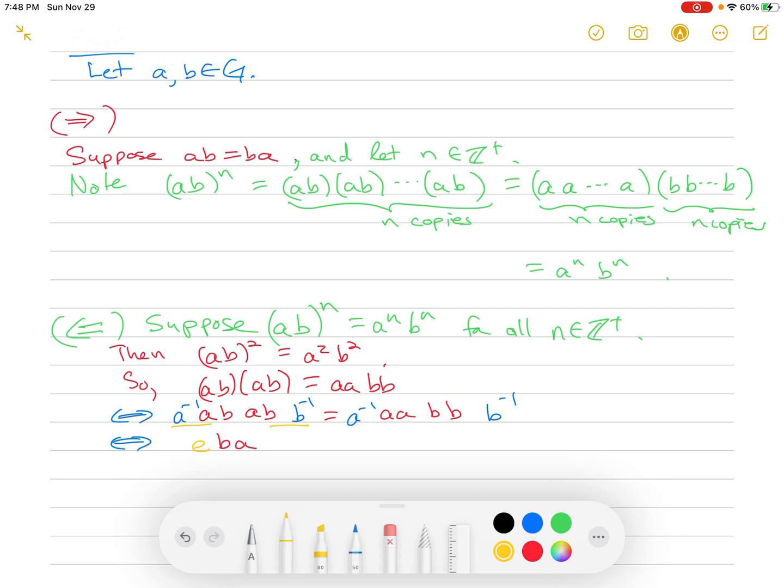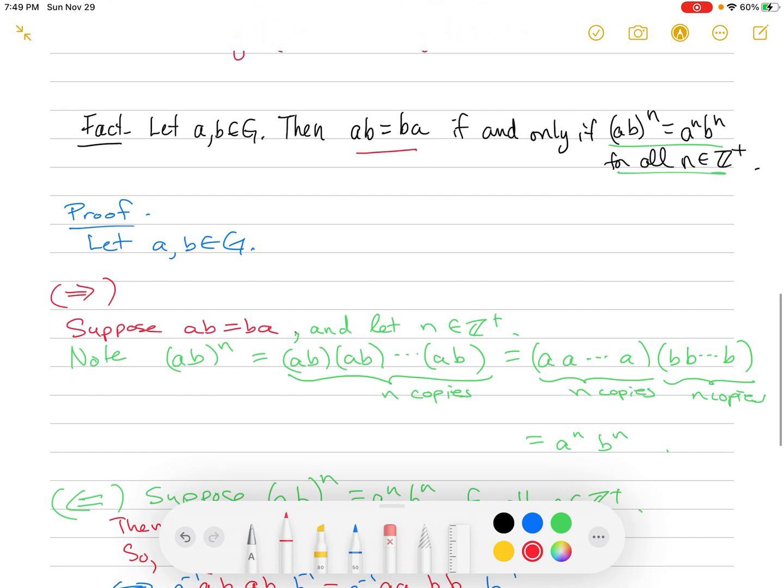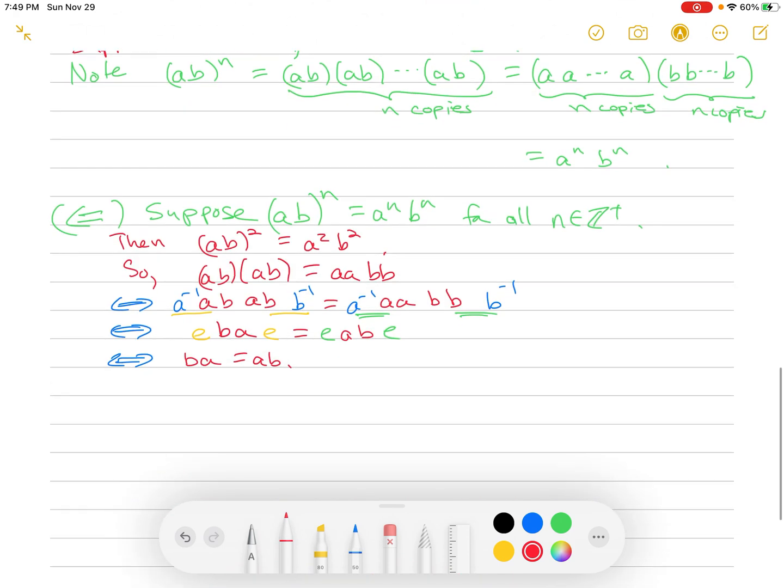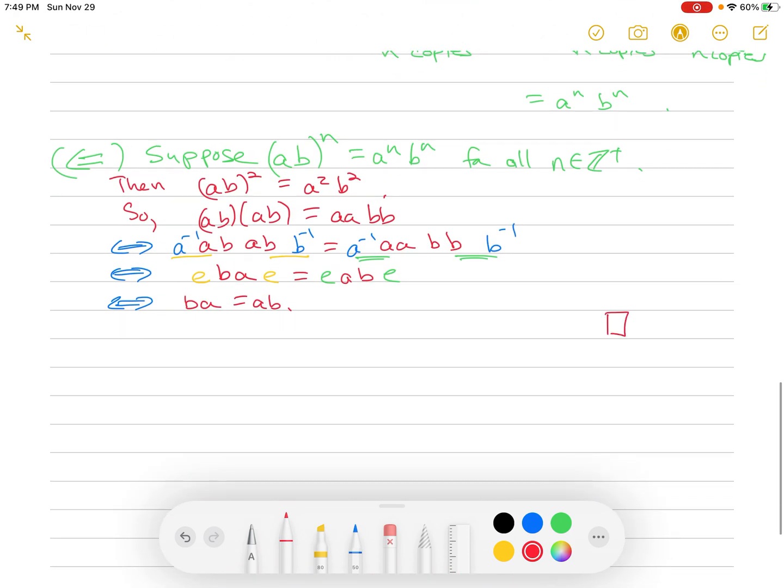B, A. And this B inverse is going to give me the identity. And on the right-hand side of the equation, the A inverse A is going to give me the identity. I'm going to have AB, and here, BB inverse is going to give me the identity. And that's just going to give us BA equals AB. And that's what we want. We wanted to prove that AB equals BA.